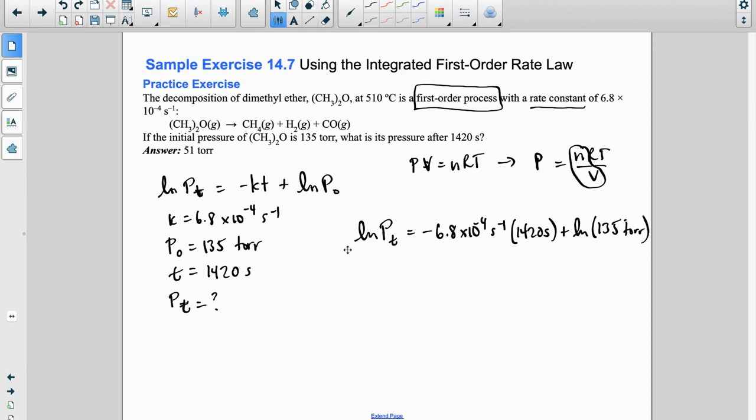Okay, so again here, if I raise e to that and raise e to this, I can get P t is equal to e to this quantity here. And once we put that into our calculator and raise e to it, we will get a value of 51 torr for the pressure at time t after 1420 seconds.